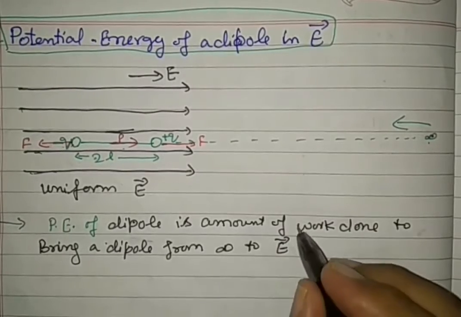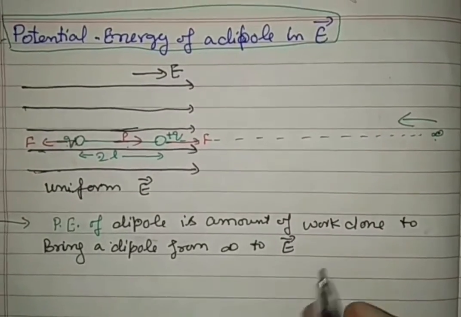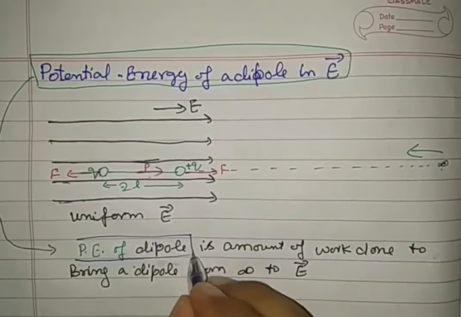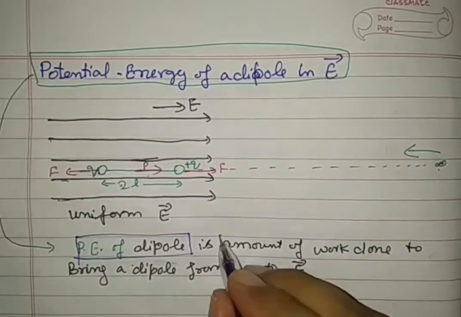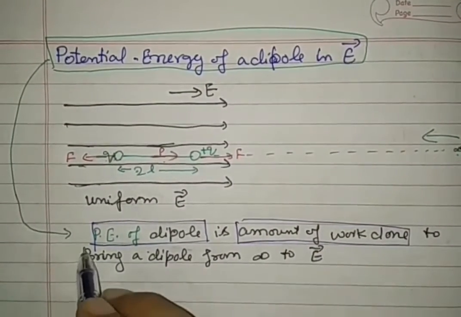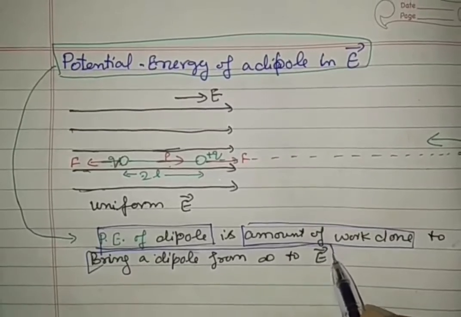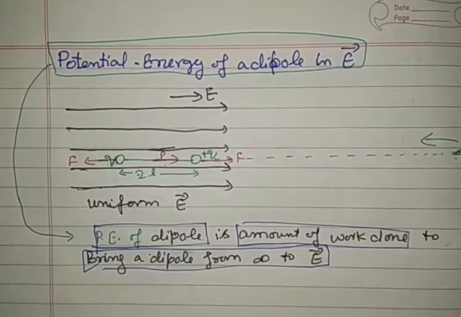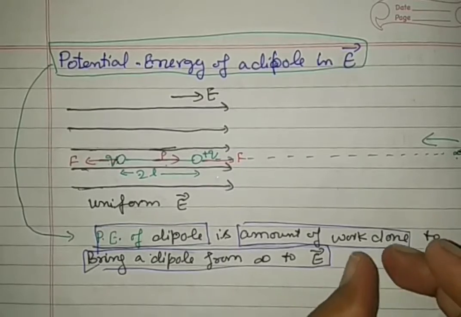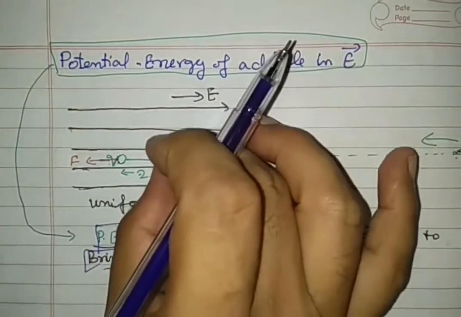So this work done, see in the box, what is the potential energy of a dipole? The potential energy of a dipole is the amount of work done to bring a dipole from infinity to the electric field. Here we will calculate it, because this work done is stored within the dipole in the form of potential energy.